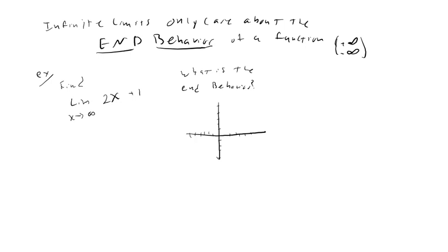We know this is a line. Right? 2x plus 1, we know this is a line. And so a linear equation is going to look something like this. This is the graph 2x plus 1.